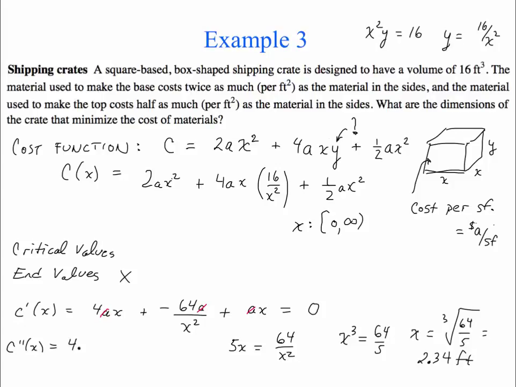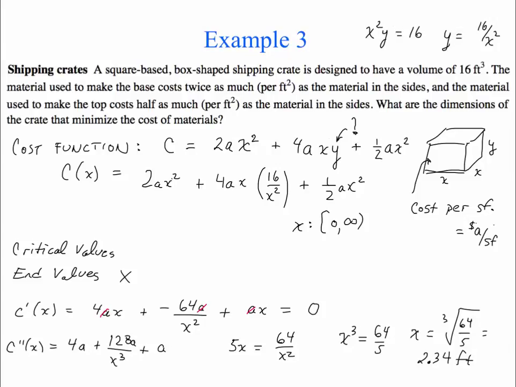4a plus x to the minus 2, 128 over x cubed. Plus a. And that's a also. Equals 0. No, not equals 0. We're just seeing what its sign is, right?